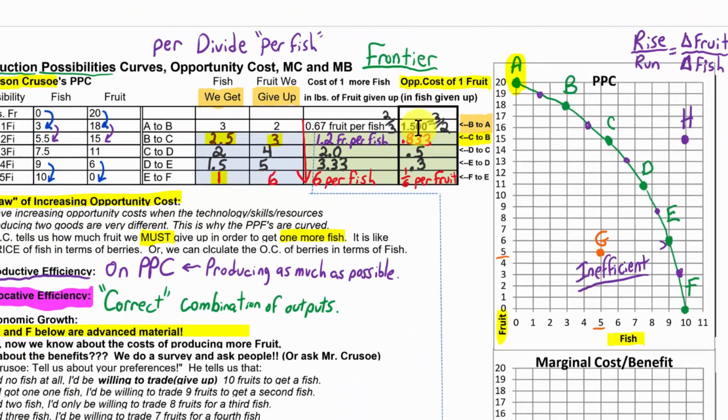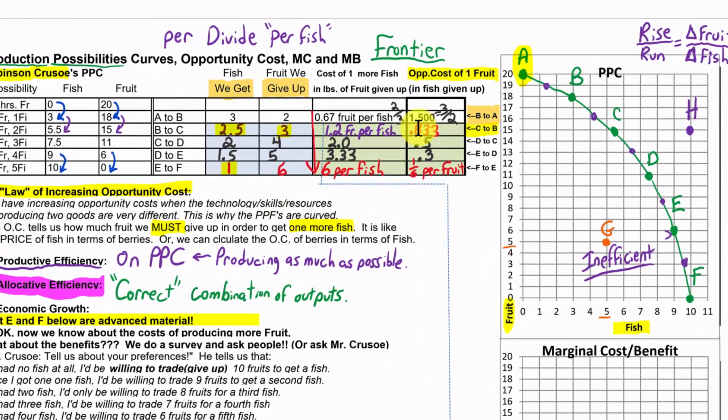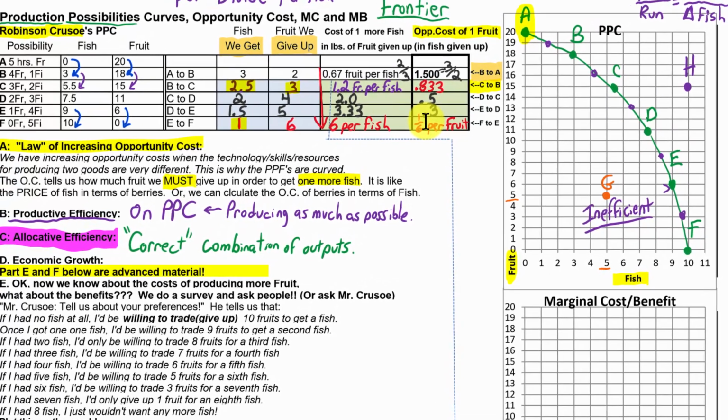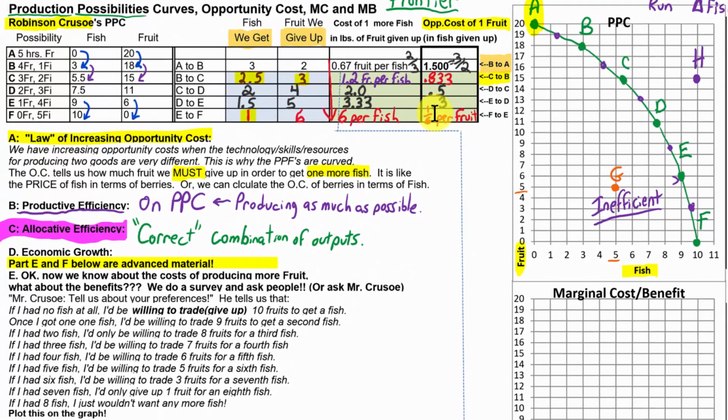Now, if you want to end this video here, I don't blame you. But I'm going to spend another few minutes going through a brief example that will really help you when we get into chapters 2 and 3 and 4 and help you understand the basic idea of economics, which is decision making. Investigating this idea of allocative efficiency a little deeper will help that, and I'll try to be very brief here.